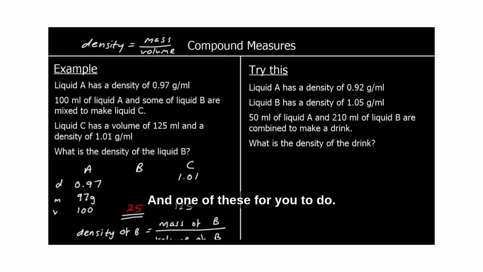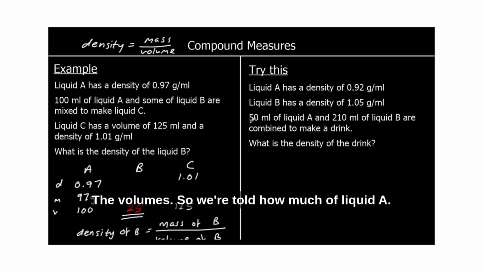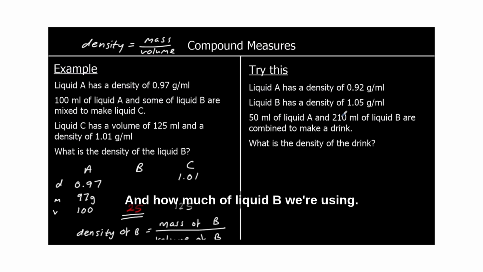And one of these for you to do. Give this one a go. We have liquid A, and we're given the density. We're given liquid B's density, and we are told the volumes. So we're told how much of liquid A and how much of liquid B we're using, and we're finding the density of the combined drink.